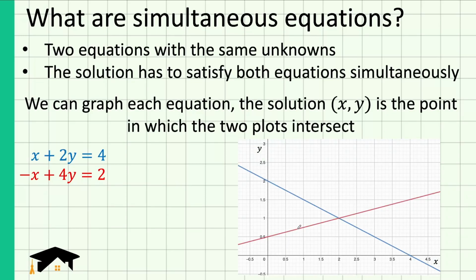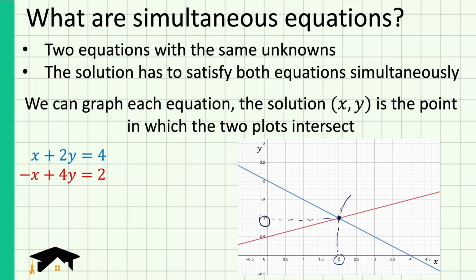And so, looking at the plot, we can find very easily the solution for the problem, because if the horizontal axis is the x-axis and the vertical one is the y-axis, we know that this intersection point has x-coordinate 2 and y-coordinate 1.